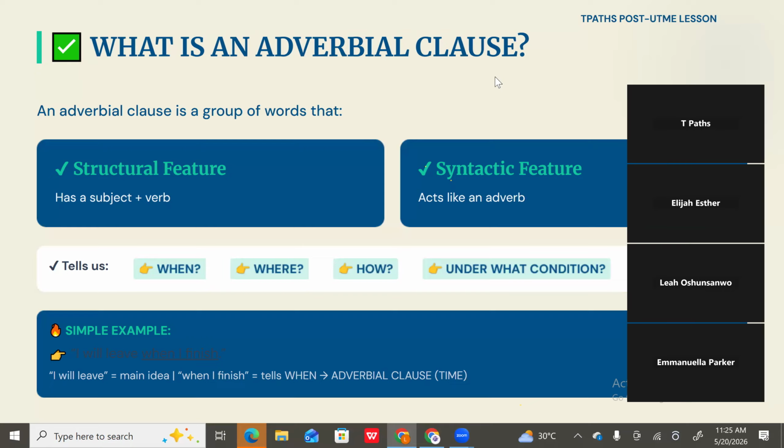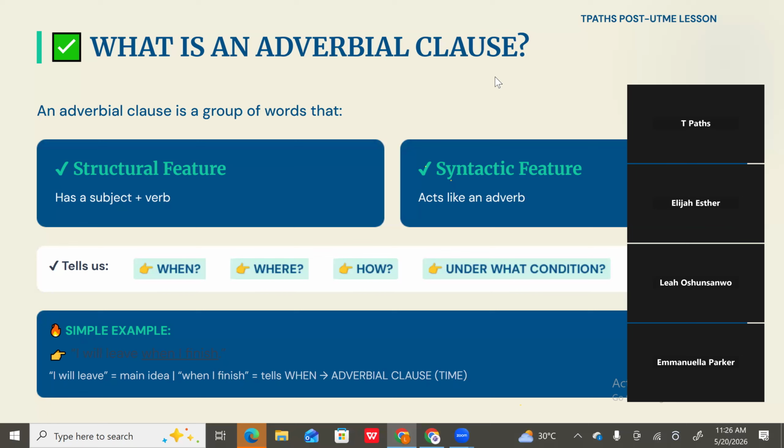For example, if I say, I will leave tomorrow, the main idea there is: I will leave. So you ask yourself, when will I leave? How? Where? Who? But here it says, when I finish. When I finish tells us what? The adverbial clause of what?